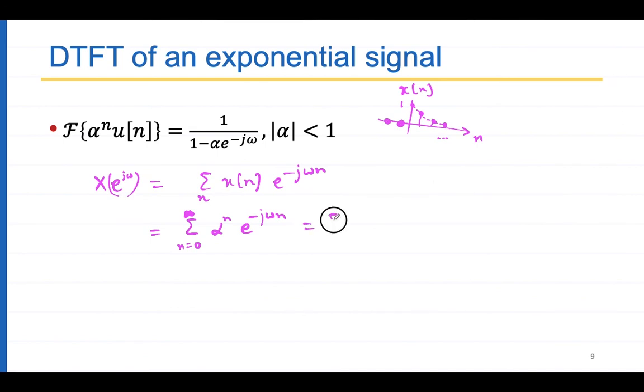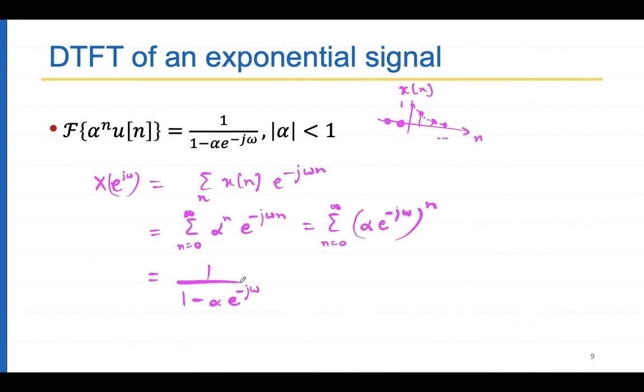So if you notice, this is simply equal to summation n equal to 0 to infinity of alpha e to the power minus j omega whole power n. This is a GP. What is the sum of a GP? It is the first term at n equal to 0, which is 1, upon 1 minus r, the common ratio. What is the common ratio? It is simply alpha e to the power minus j omega.